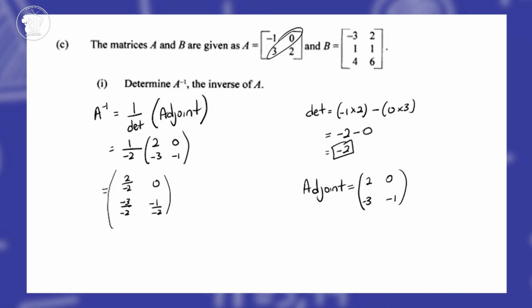We can further simplify this: 2 over negative 2 would simply be negative 1. 0 will always be 0. These two negatives will cancel out, and we're left with 3 over 2. And these two negatives here will also cancel out, and we're left with 1 over 2. So hence, we can say the inverse of A is equal to negative 1, 0, 3 over 2, 1 over 2.